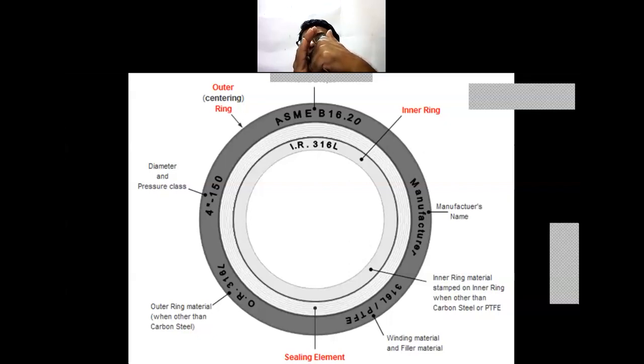So these are the stainless steel rings, and in between the stainless steel rings is the filler material that will be sprayed. Then the outer ring material is also there.